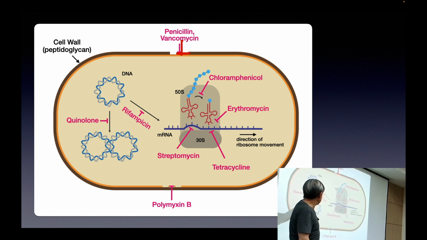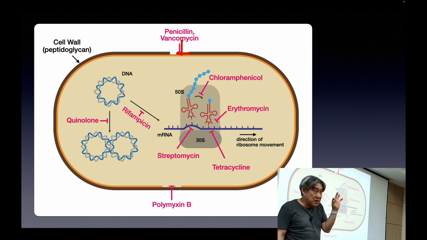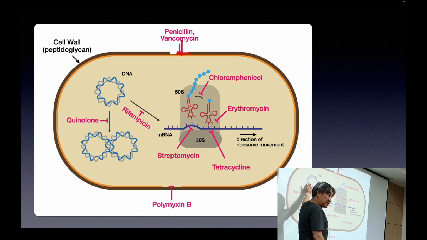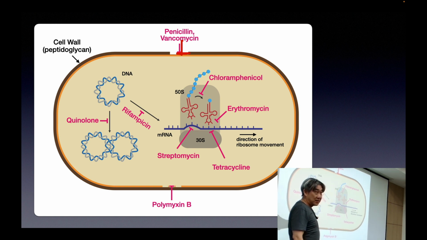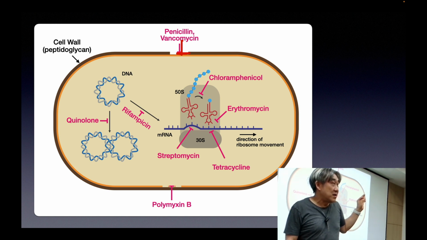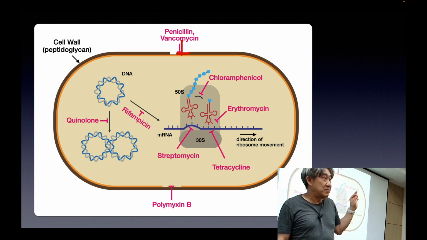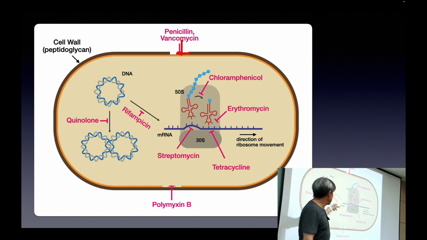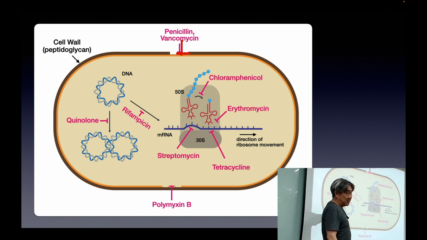It's all in the enzyme. There has to be a particular enzyme responsible for replicating the DNA. We call that DNA polymerase, but who cares? This bacterial DNA polymerase is the target of quinolone.